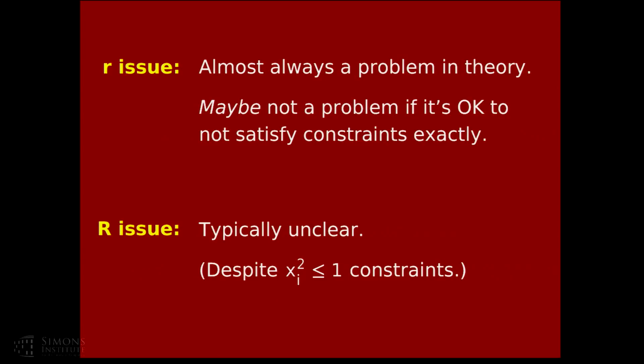There are the variables x_i in your polynomial optimization problem, but that's not the same as the variables in the semi-definite program. The variables in the semi-definite program are the coefficients of the polynomials whose sums of squares you're looking for. And it's not really obvious in most cases why those polynomials should be of small size.